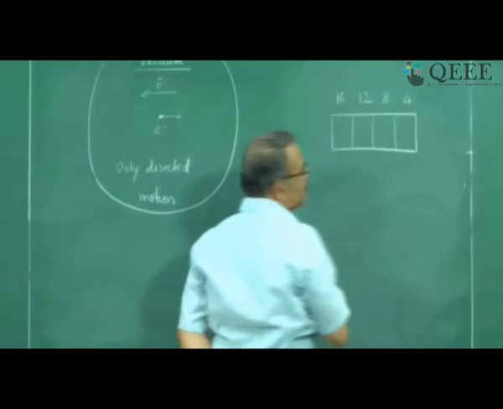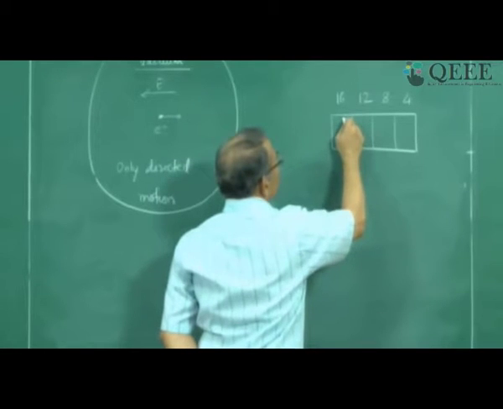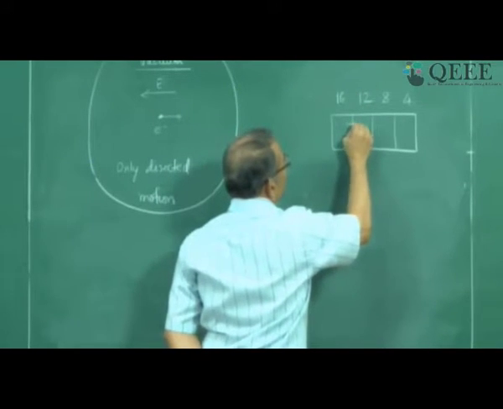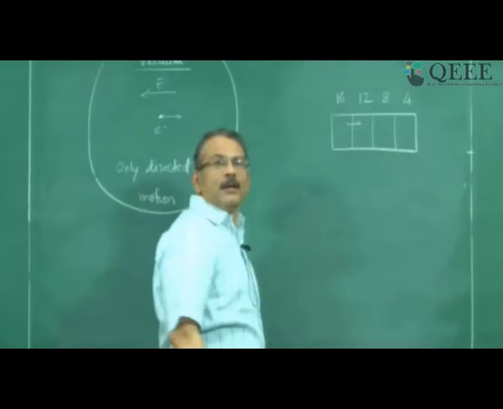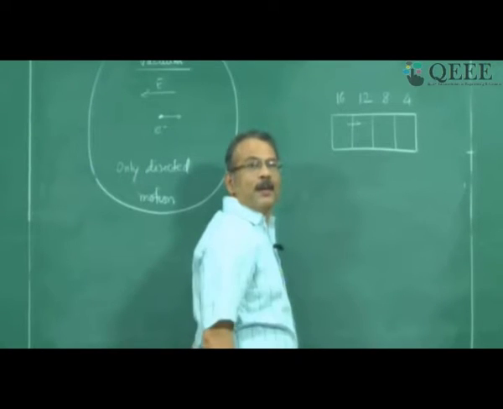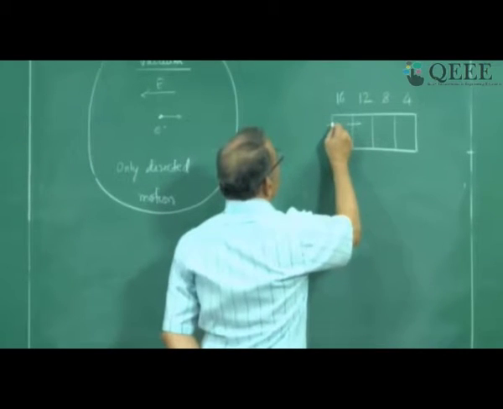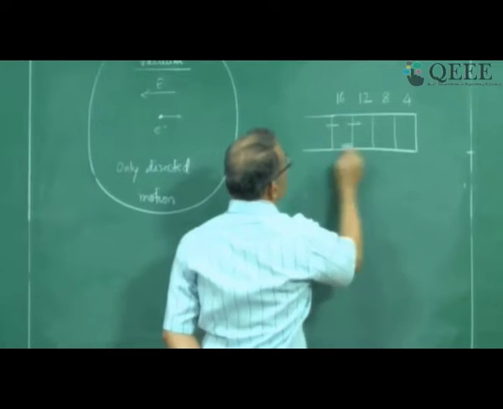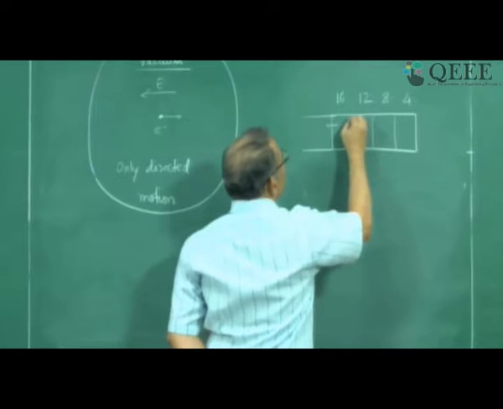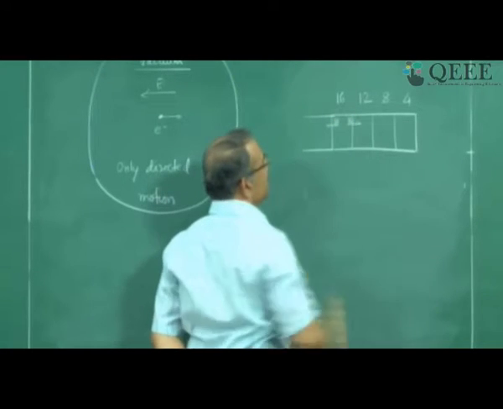Let us take a one-dimensional situation. Random motion means that out of the 16, 8 electrons will try to move to the right, whereas 8 will try to move to the left. Imagine it is a long semiconductor, and we are talking of some part. So this is 8 and this is also 8.